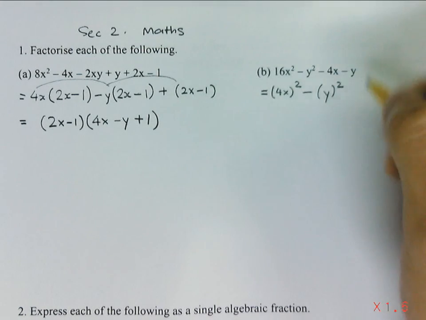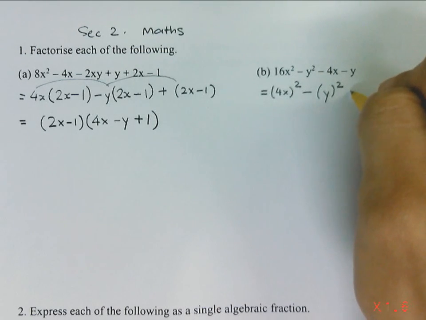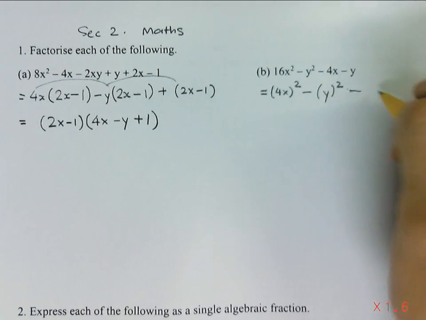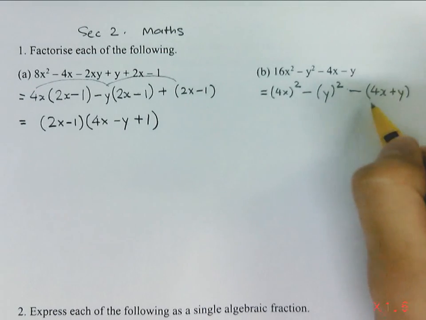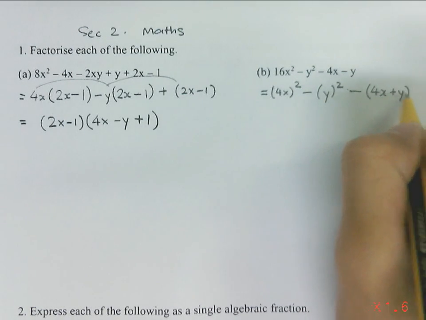Now followed by the last 2 terms. So I'll simply just take out a minus sign first, followed by a bracket to indicate that I'm following the laws. Now the fourth term is correct because minus and plus will give me back minus y.